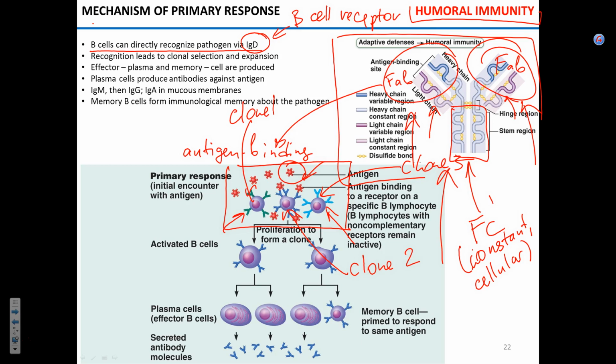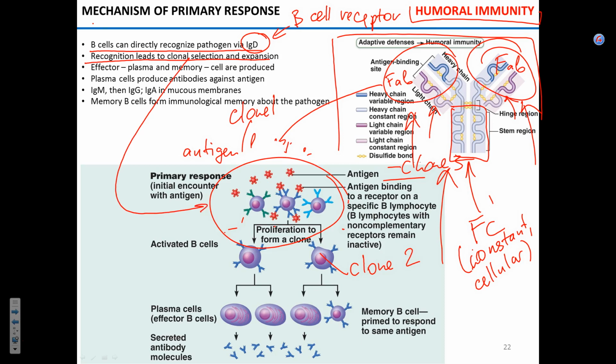And that recognition leads to 2 events. So recognition itself, that act of recognition, is often referred to as clonal selection. So clonal selection means that that particular clone is selected. Does that make sense?